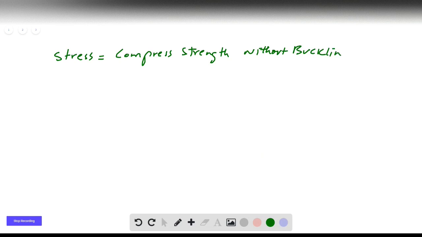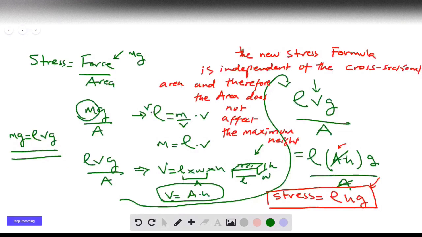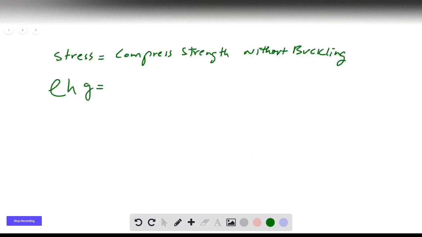So that's the kind of relationship we have. Rho, the stress is rho GH or rho HG. So rho HG equals the compressive strength, and we can always think about this compressive strength as being the maximum.